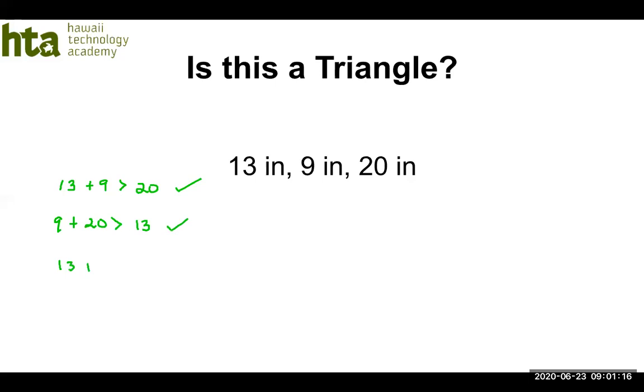And 13 plus 20 is greater than 9, that works as well. So all three examples work. If you add any two sides together, it will always come out greater than the third side. So yes, it is a triangle. Be able to test all three to make sure that you know that it is a triangle.